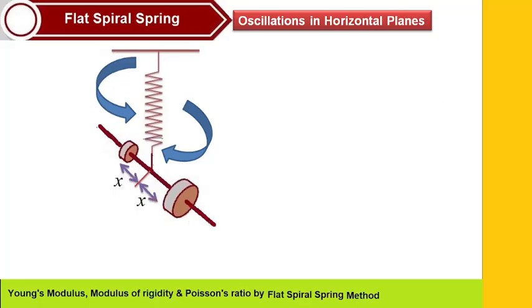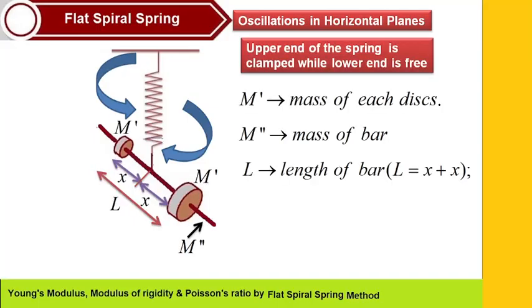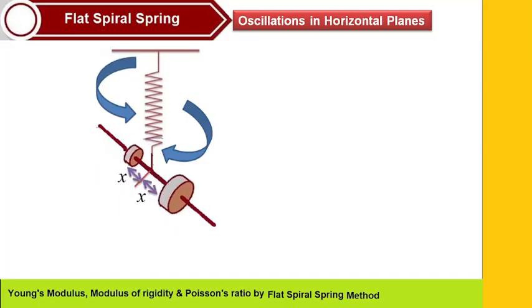See how that system oscillates horizontally. It is shown with the arrows in the diagram, and how the distance changes like this, and take the oscillations after changing the distance from the central point of the bar.